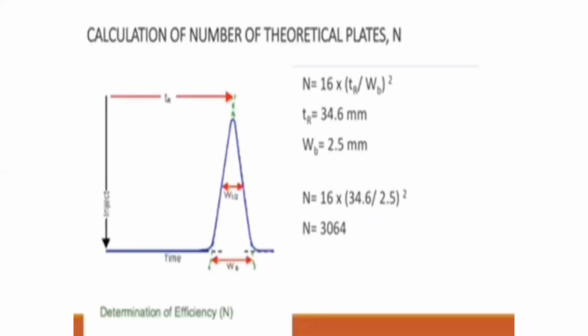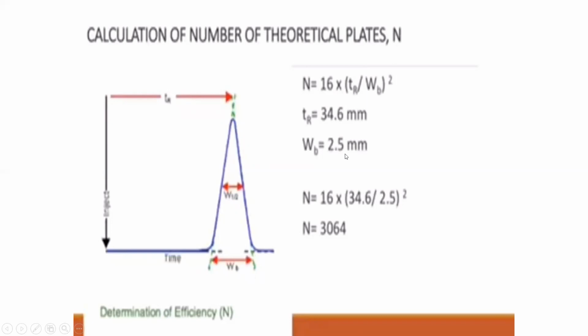So now let's take a look at this chromatogram. It has a single peak, with retention time tR and base width denoted by WB.